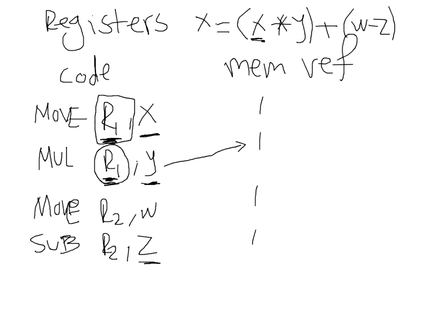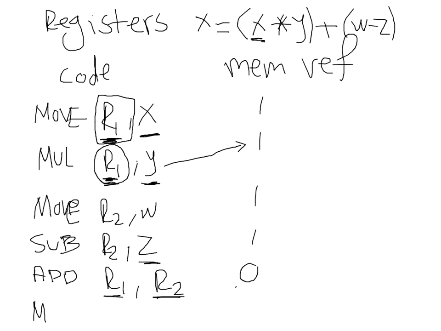Now we need to add R1 and R2, exactly the way we did it with T1 and T2. But this time, how many times do we need to access the memory? None. We do not need to access the memory because both values are stored in the registers inside the CPU. So there is no memory access at this point.